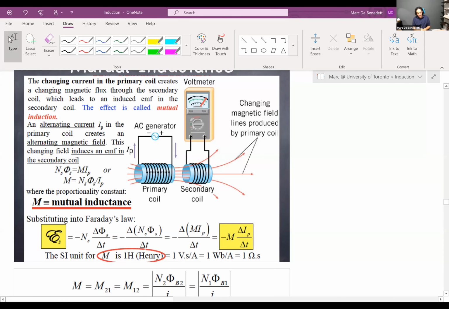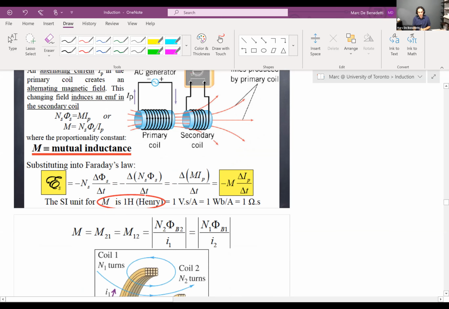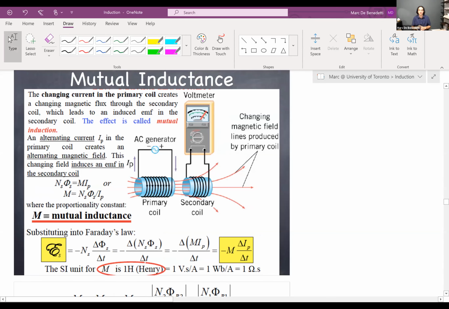And M can be small if the coil is really far away and it's an air gap and there's no iron core to really funnel a magnetic field, then the coupling coefficient, M, the mutual inductance coefficient, will be quite small because there's nothing helping it.